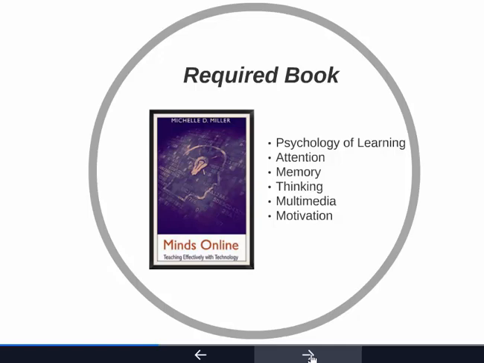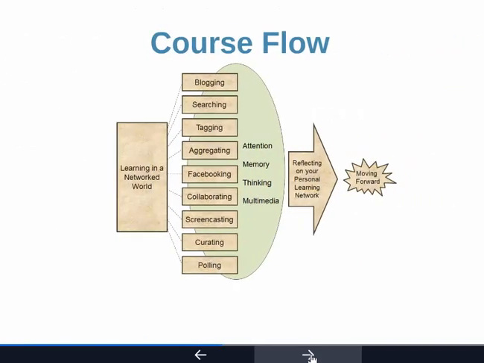And each week as we look at a different process for learning, we'll be using Michelle's book as kind of the underpinning for that. So if you look at the course flow, we're going to start out with learning in a networked world. And then we have about 9 weeks of very specific aspects of learning using web technology: blogging, searching, tagging, collaborating, screencasting, polling.